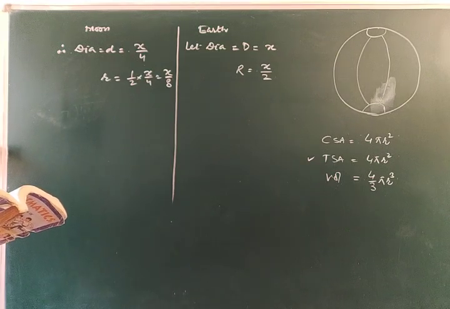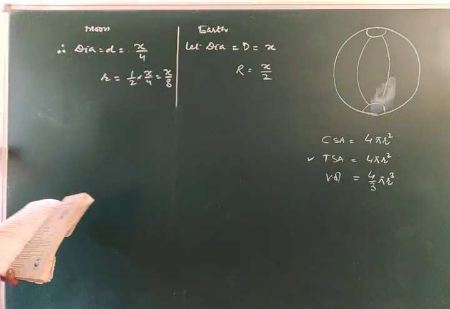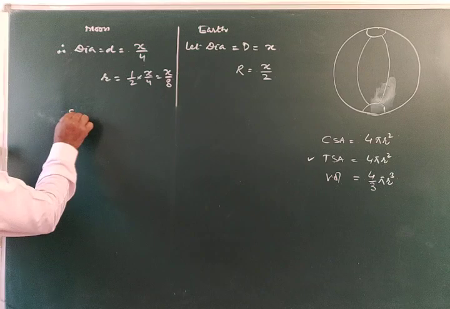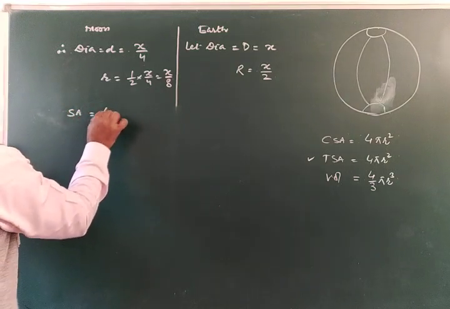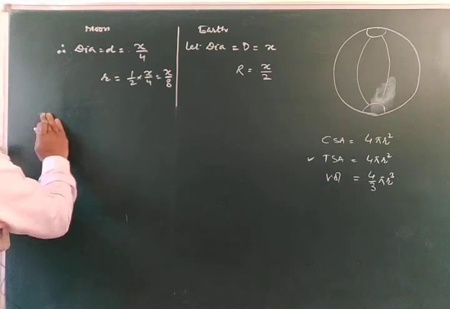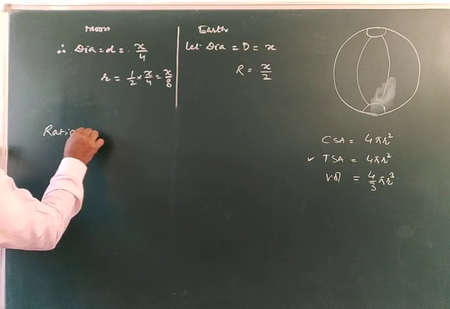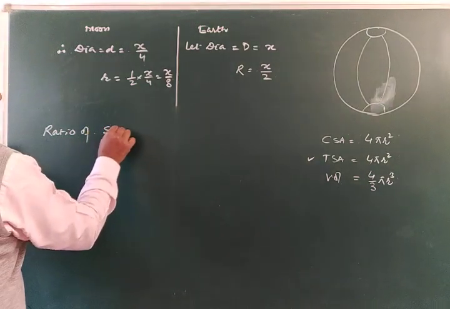Find the ratio of their surface area. Surface area is 4 pi r square, or directly you can put this thing, ratio of surface area.